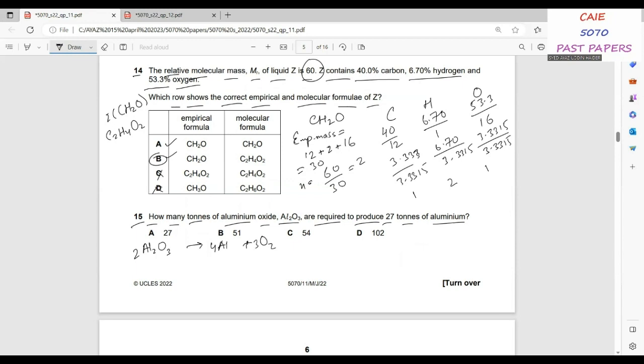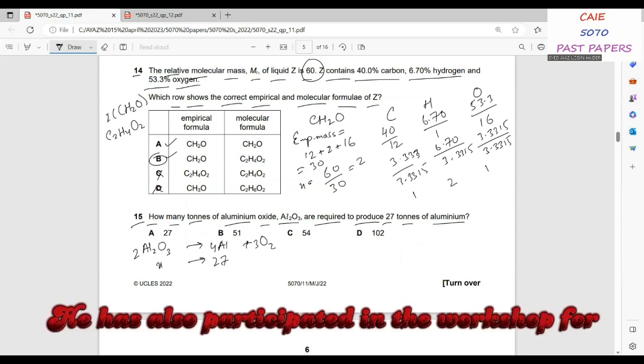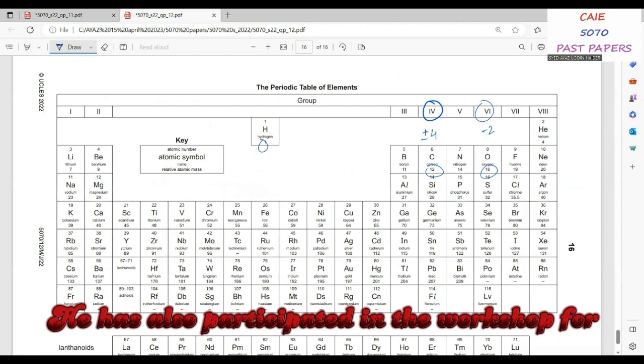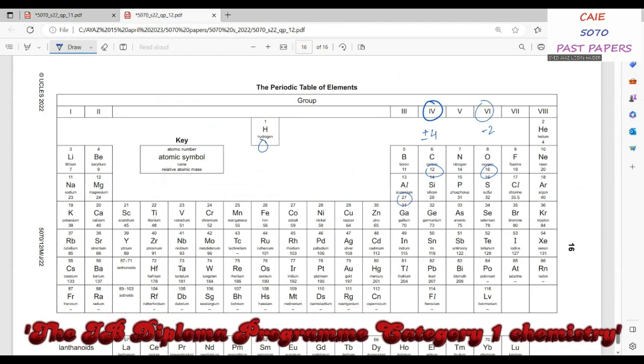I need to find the tons of aluminum oxide x from 27 tons of aluminum. We have 2 moles of Al2O3. So let's calculate the Mr of Al2O3, and this will be expressed in tons. Ar of aluminum will be 27, and for oxygen, it's 16.